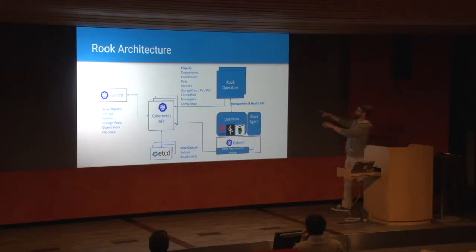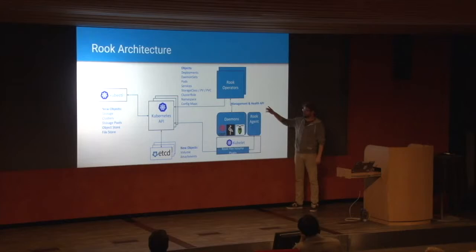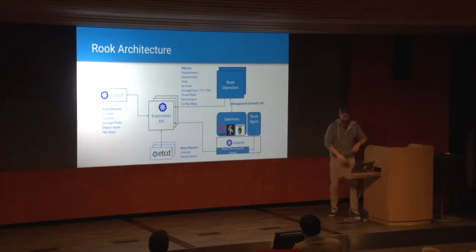When a pod needs a block volume, a shared file system, or an object storage, whatever it may be, the Rook agent comes into the picture on the specific node that needs that block volume or shared file system. But we won't spend too much time on that since it's being replaced with CSI.